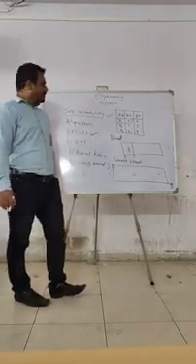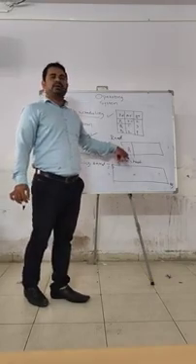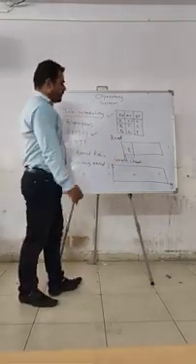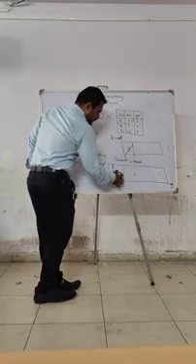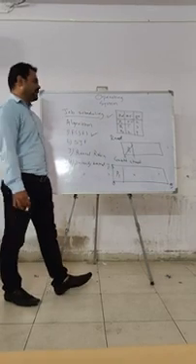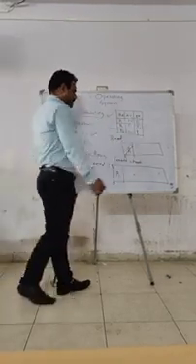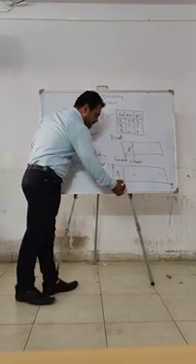So first we will execute it on the Gantt chart. Process P1 starts from 0 millisecond and has a burst time of 2 millisecond. So from 0 to 2 millisecond it will get executed.